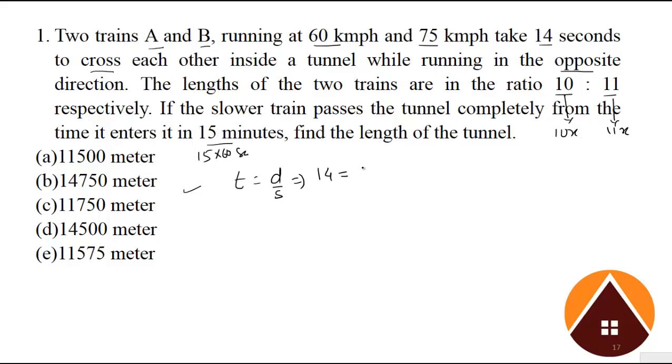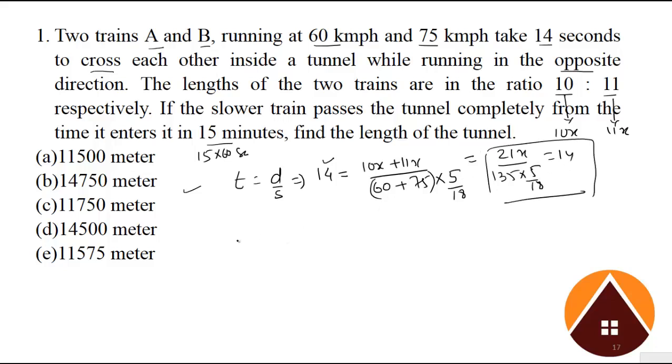So the length of the trains, 10x plus 11x, divided by the speed. The speed will be 60 km per hour plus 75. This should be multiplied by 5 by 18 because this one is in seconds, I should convert into seconds. So this comes out to be 21x divided by 135 into 5 by 18. Okay. So that is equal to 14.